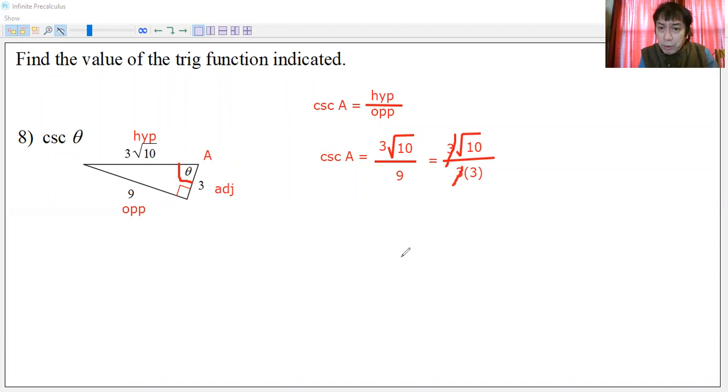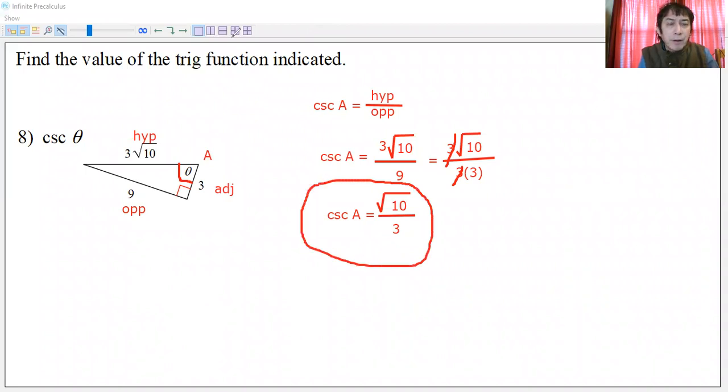And the final answer is square root of 10 over 3. So our final answer should be cosecant of A is equal to square root of 10 over 3. This is our final answer.